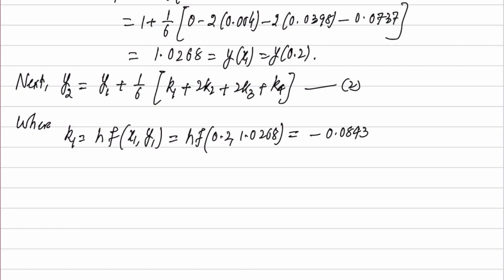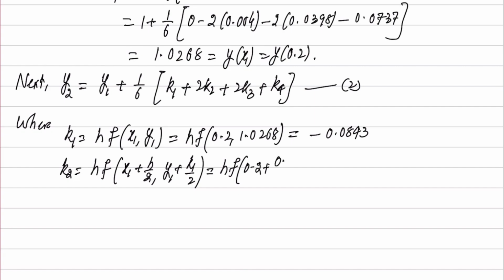Similarly k2, by definition, is equal to h f of x1 plus h by 2, y1 plus k1 by 2. So this becomes h f of x1 plus h by 2, that is 0.2 plus 0.2 divided by 2, then y1 is 1.0268, plus k1, that is 0.0843 divided by 2.